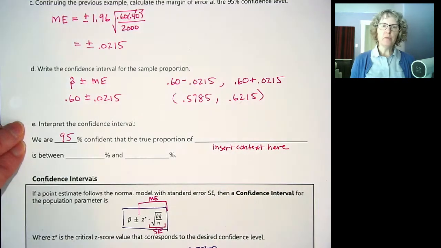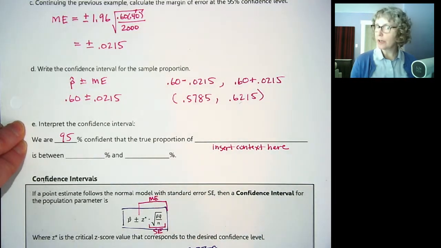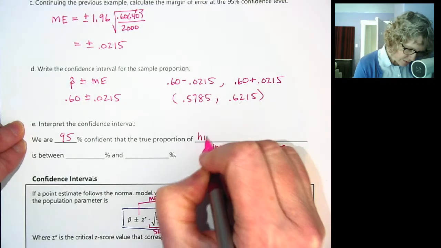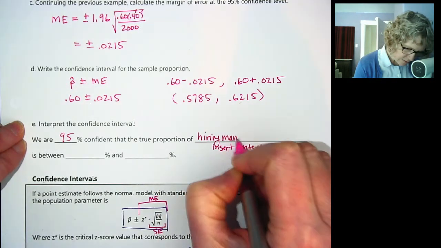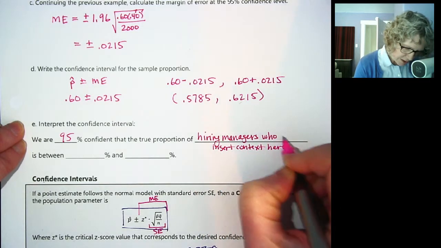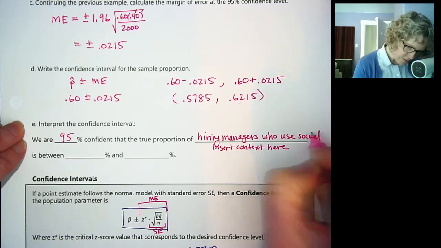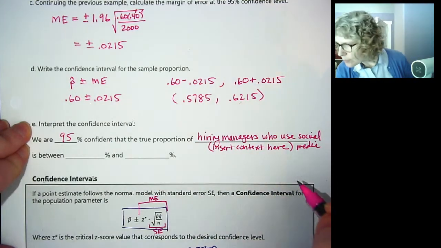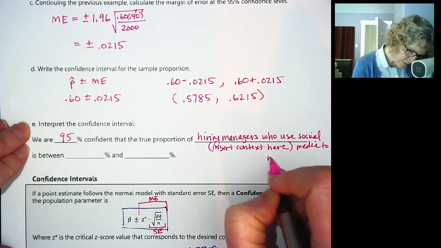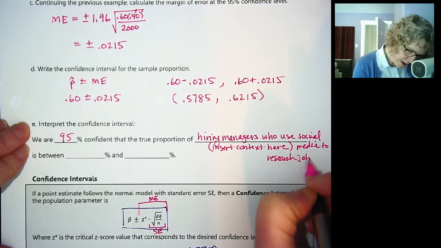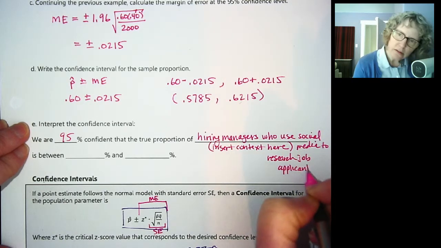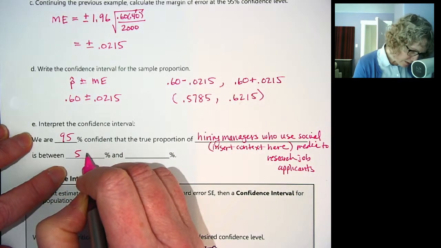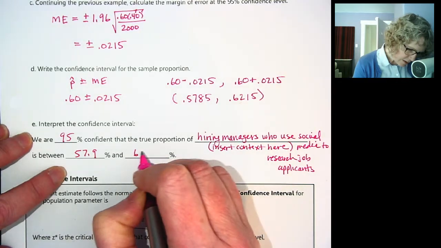So we're 95% confident that the true proportion, which is what we're trying to estimate, of hiring managers (who use social media) who use social media to research job applicants is between, let's say, 57.9% and 62.2%.